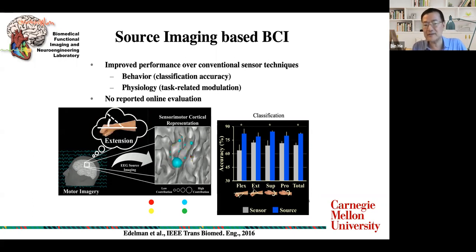The right panel illustrates a comparison. If we do the decoding from the scalp EEG alone, which is the gray bar, or if we solve the source imaging and then do the decoding, which is the blue bar, it shows consistently improved performance when using the source imaging signal to do the BCI control.